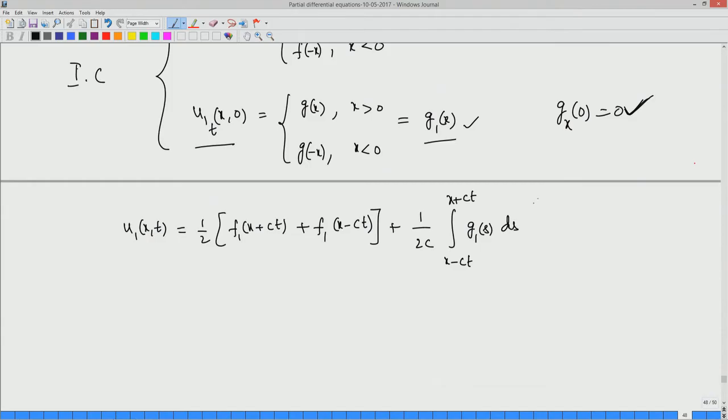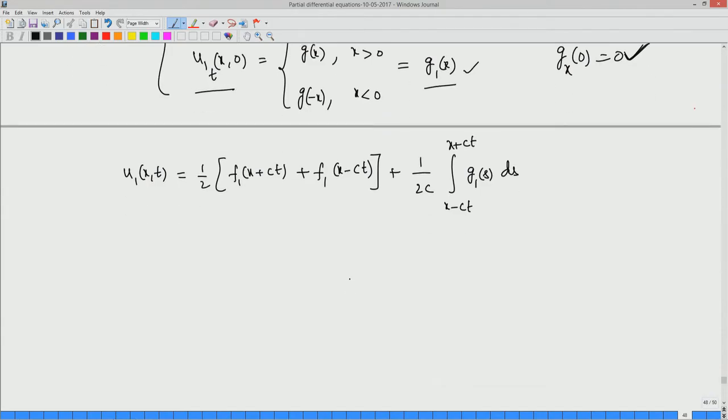So, this is the D'Alembert solution. What is my u of x, t? This is defined for every x in the real line, because it is u1. Now you want it only for x positive.